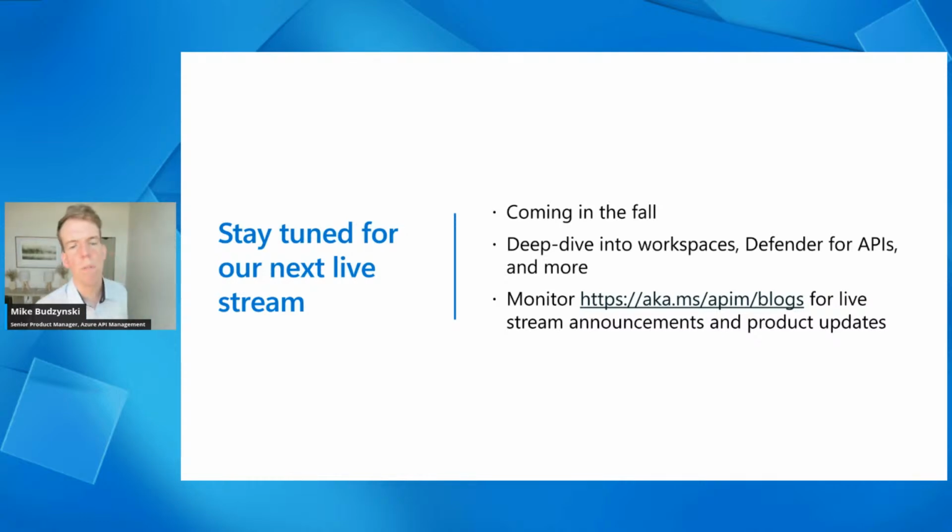You can monitor our blogs using this link on the screen, aka.ms/apim/blogs, for live updates, live stream announcements, and updates on our features and tips and tricks and best practices content. So stay tuned for our live stream and announcements.